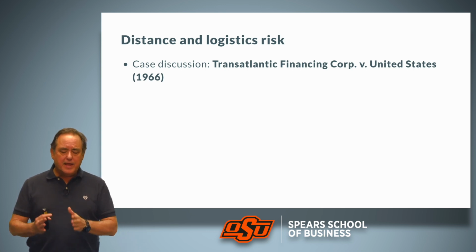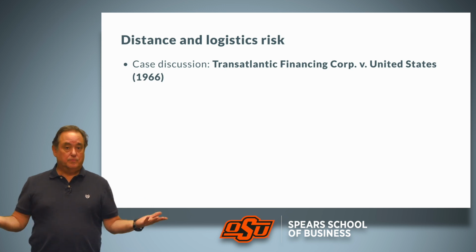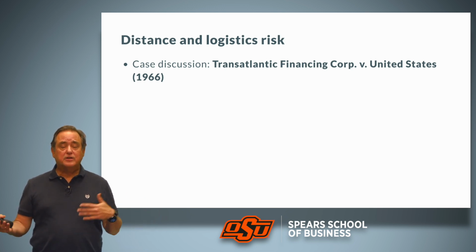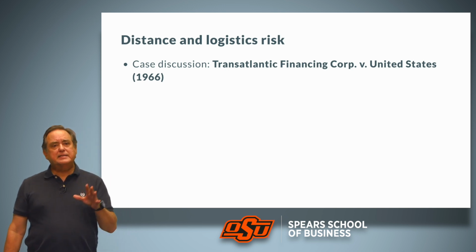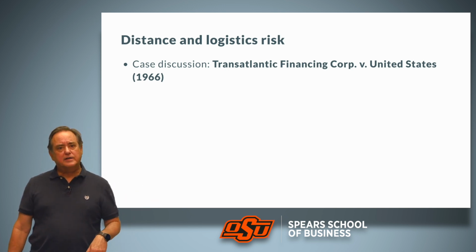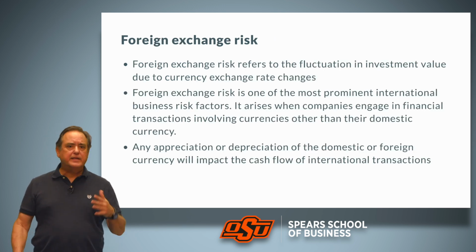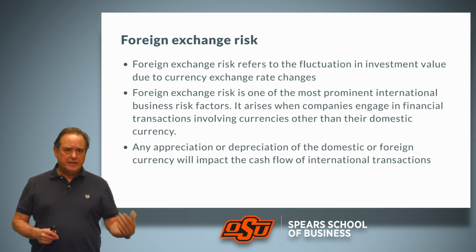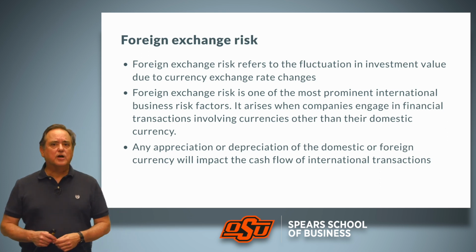We agreed to pay X amount of dollars for transit of the goods. We didn't put any specifications on how the goods were going to be transmitted. So what this means is that because of this longer distance, these are risks that the parties ideally should have anticipated in their contract.